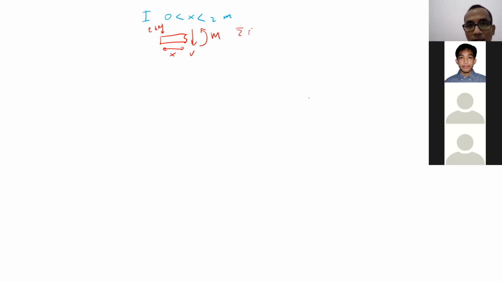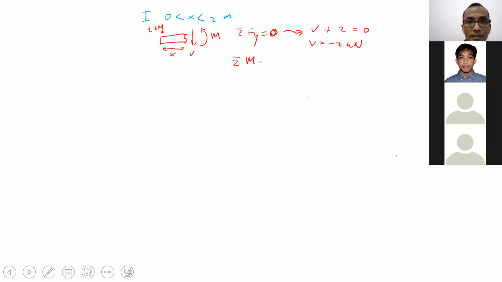So using sigma Fy equal to 0, what you will get, Safran? V minus 2, right? Equal to 0. Sorry, V plus 2 equal to 0. Then V is equal to minus 2 kilonewton, right? Don't forget about the sign. And then using sigma moment at the left edge at A equal to 0, what you will get?